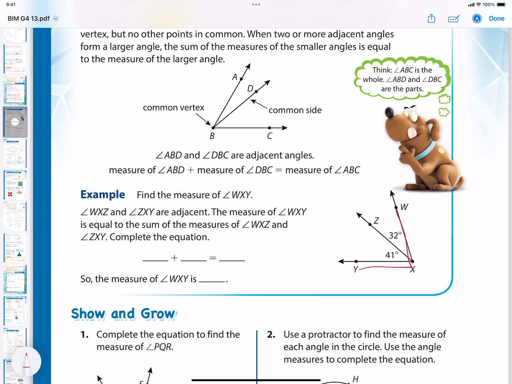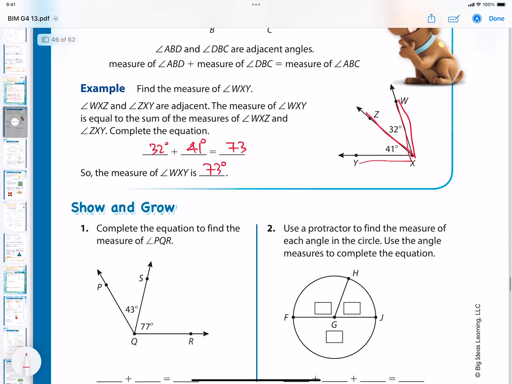Yes, angle WXZ and ZXY. Complete the equation. So now WXZ is what? 32 degrees. And angle ZXY is what? 41 degrees. Together, 73 degrees. I told you it was easy, okay?